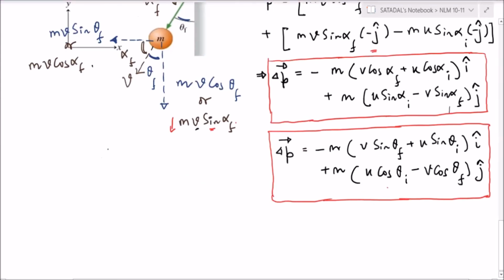Now from here, I will discuss different situations. So situation 1. If alpha I is equal to alpha F is equal to alpha, suppose that is the case, then what can you write?